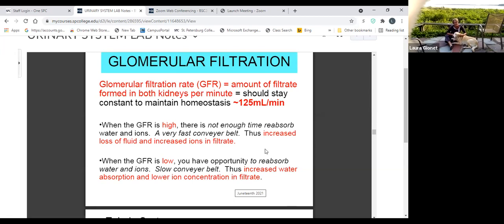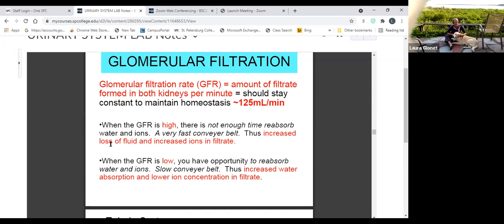This explains it, right? The higher the filtration rate is, the faster the fluid is passing through this nephron, the faster the conveyor belt. Thus, we have less opportunity to reabsorb sodium and chloride and fluid, so it's in the tube system and going out as urine.